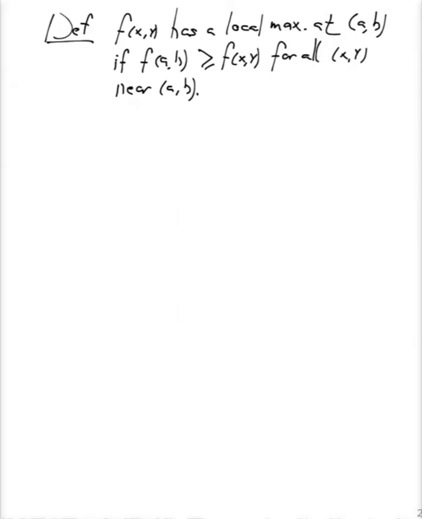Let's look at the definitions. The first important definition is this. We say that the function f of x y has a local max at a point a comma b if f of a b is greater than or equal to f of x y for all x y near a b. The picture looks something like this.